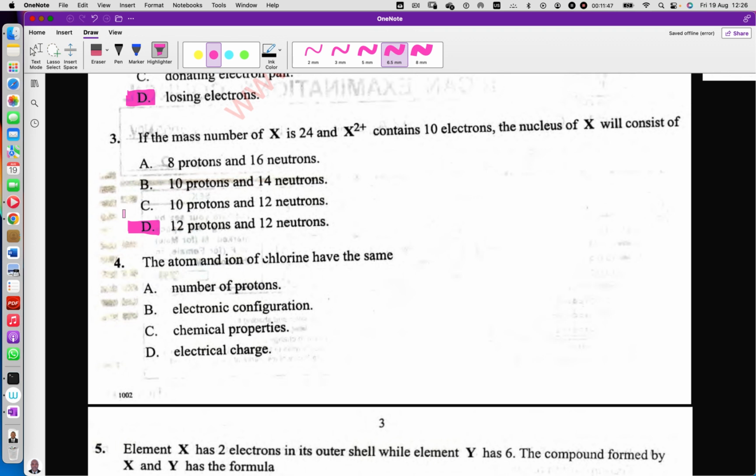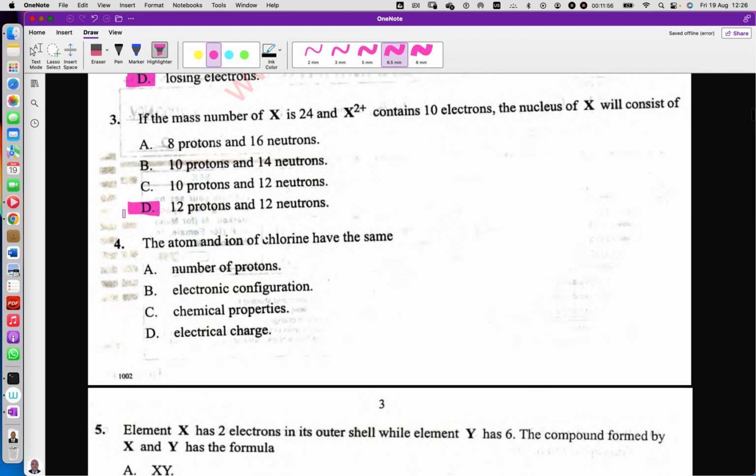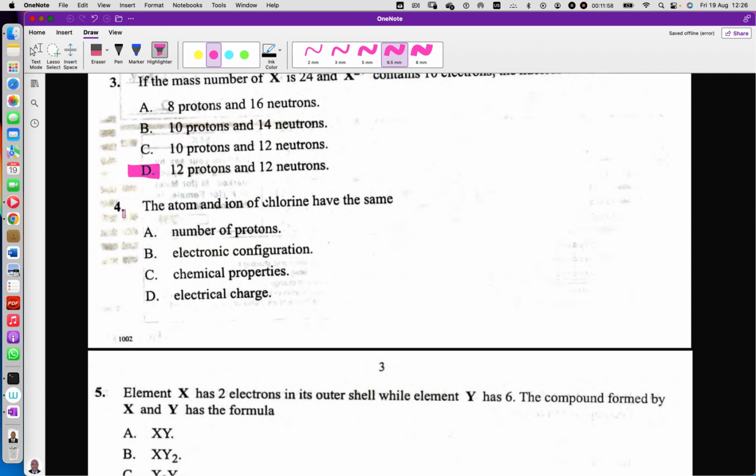Three is D. 4. The atom and the ion of chlorine have the same what? Remember, an atom of chlorine and the ion of chlorine. Chlorine gains an electron. In that case, the atom and the ion will not have the same number of electrons.